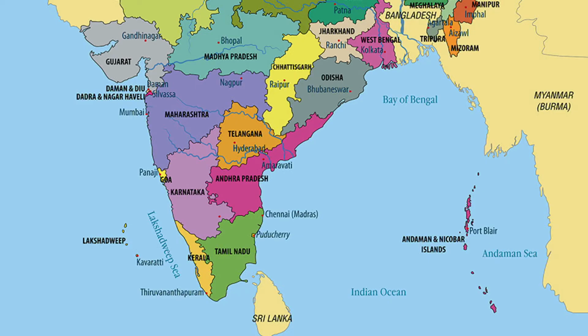Besides that, 2 island groups, Andaman and Nicobar, which lie in the Bay of Bengal, and Lakshadweep, which lies in the Arabian Sea, also help us to locate our country India. You know children, when a land is surrounded by water on 3 sides, we call it a peninsula. So India is also called a peninsula.